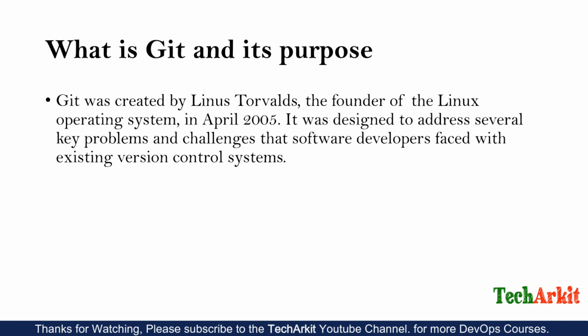Git was created by Linus Torvalds, the founder of the Linux operating system, in April 2005. It was designed to address several key problems and challenges that software developers faced with existing version control systems.